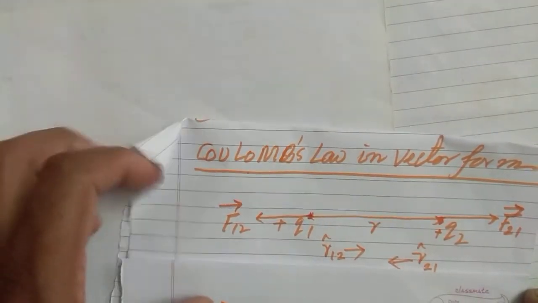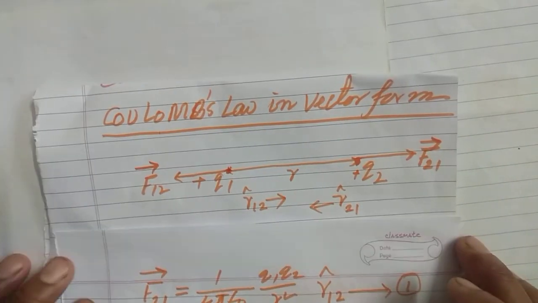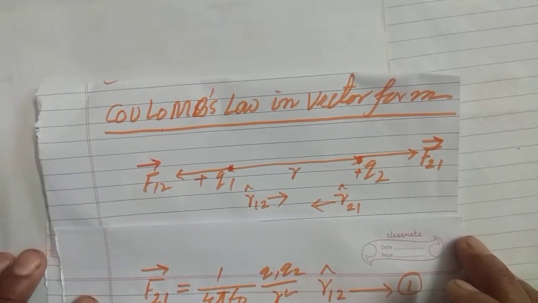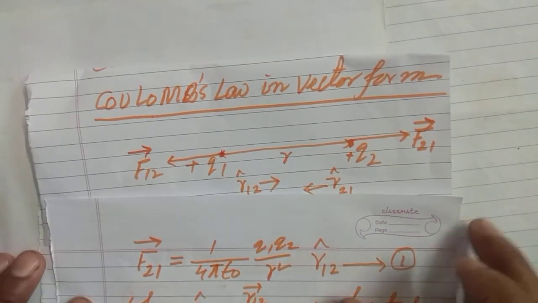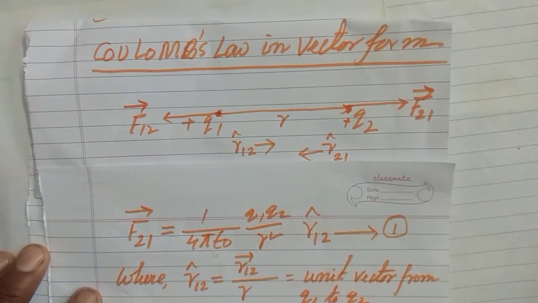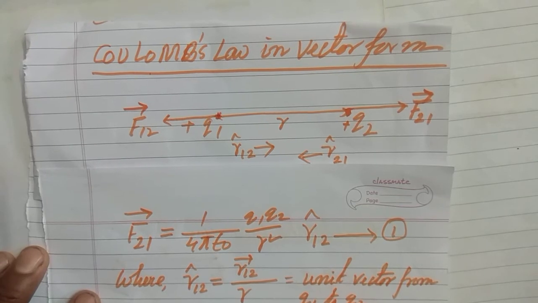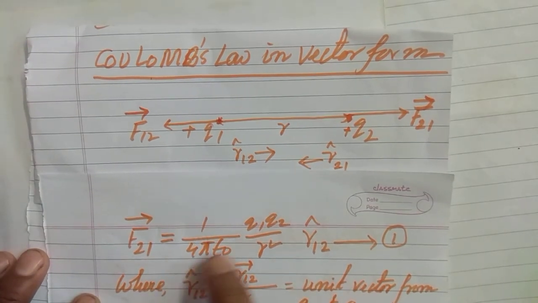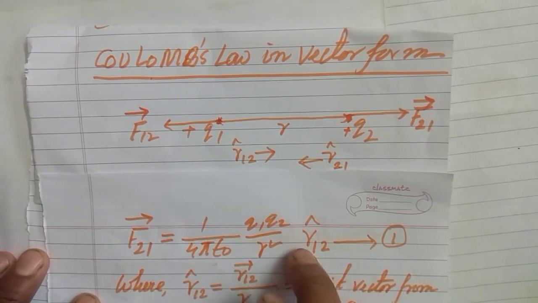F21, that is the force on the second charge due to the first one, F21 will be equal to 1 by 4 pi epsilon naught Q1 Q2 by r square r12 cap.